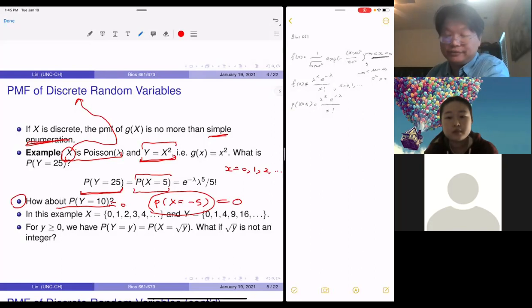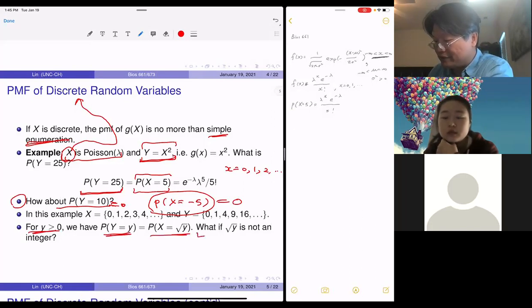Nobody is going to be 10. So exactly 0. Then the last one is for Y bigger than 0, we have the probability at square root of Y. What if the square root of Y is not an integer? Easy, because Poisson counts everything as integers, so this also has probability 0.